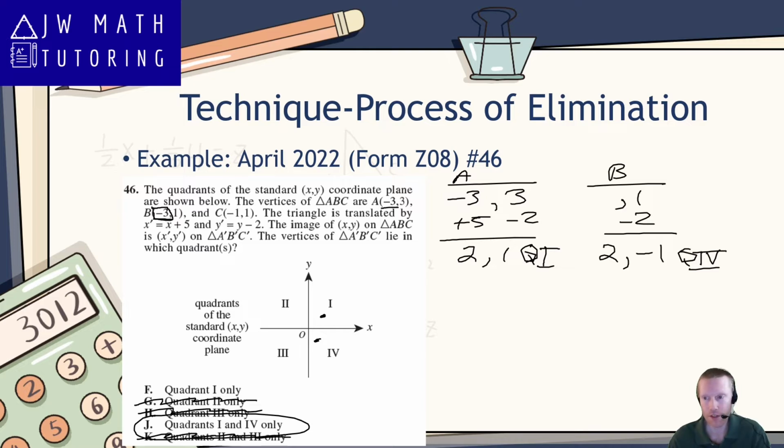And then 3, once we did just the y-coordinate of point B, and we saw that it was quadrant 4, we now know what the correct answer is. We know it's quadrant 1 and quadrant 4. We do not need to check point C. There's no point in wasting time doing that. We have our right answer. We move on to the next problem.